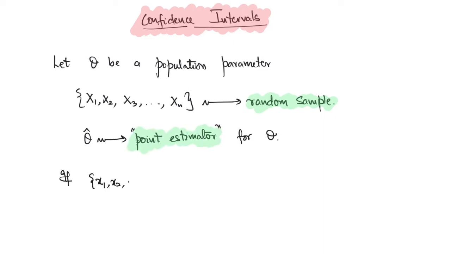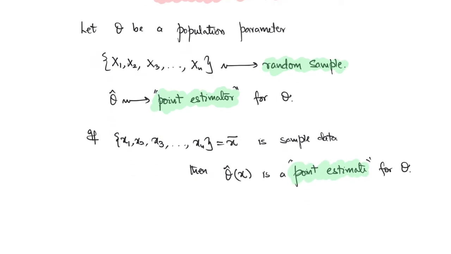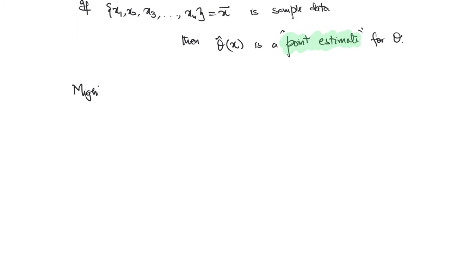Now, if we are given sample data, small x1 through xn, and denote this set by x, there's a typo here, not x bar, then the point estimate is going to be denoted by theta check of x for theta. We might want to ask the following question.